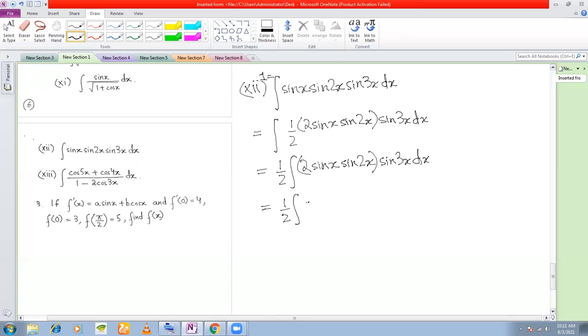So this is cos a minus b minus cos a plus b into sine 3x dx.